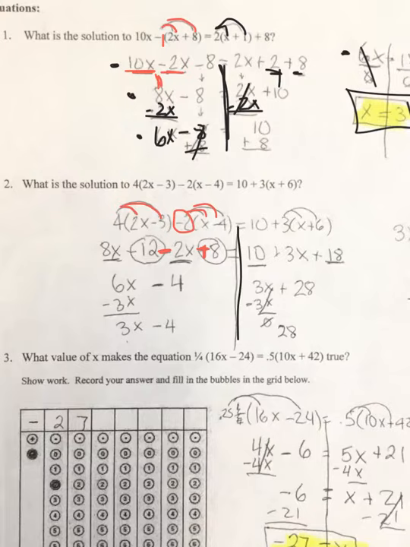On the right side, the 10 stays here. The 3 distributes, that's 3x. 3 times 6 is 18. So now combine like terms. On the left side, you have an 8x and a -2x. 8x minus 2x combine to give you 6x. -12 plus 8 is where we get minus 4.